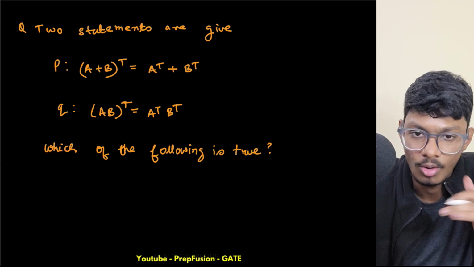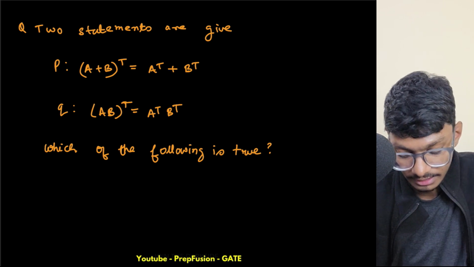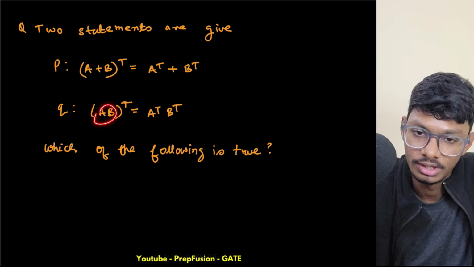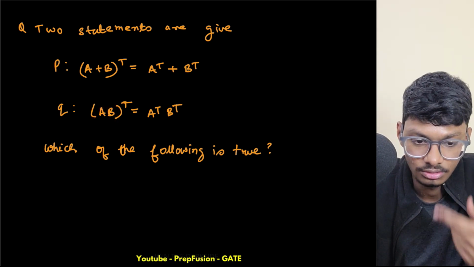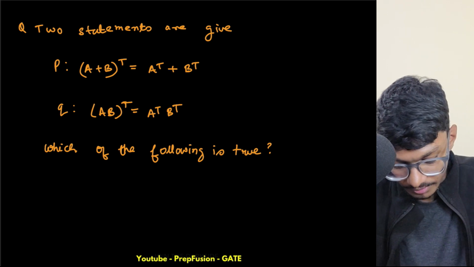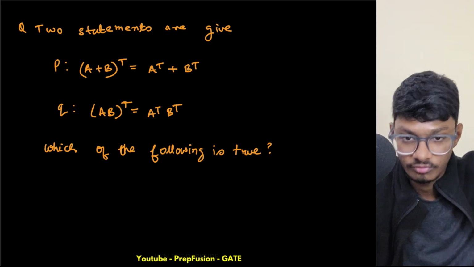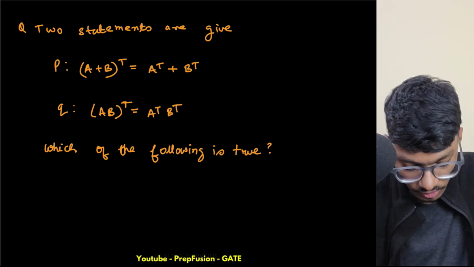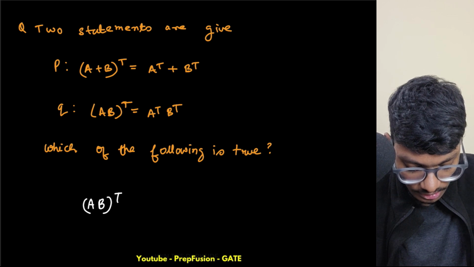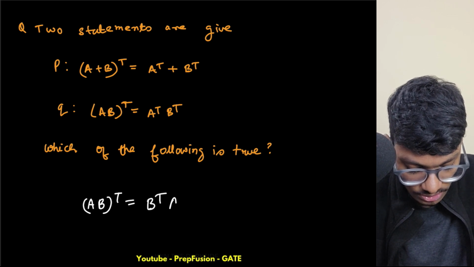If you remember the properties correctly, if I take the transpose of two matrices, the rule of commutativity doesn't follow. What do I mean by that? Here my (AB) transpose, if you remember correctly, will be equal to B transpose A transpose.